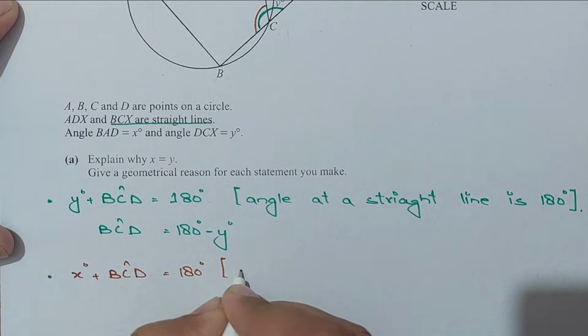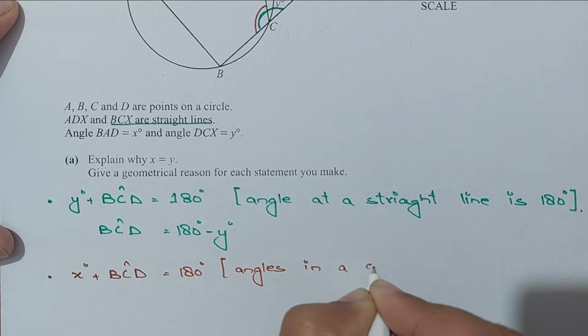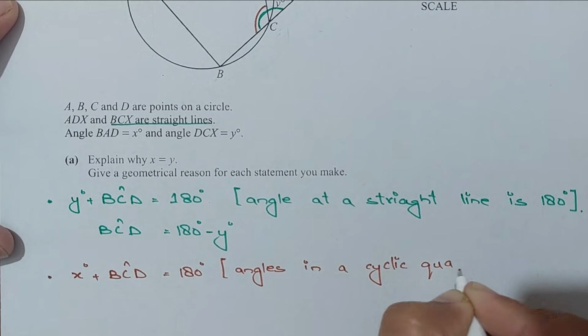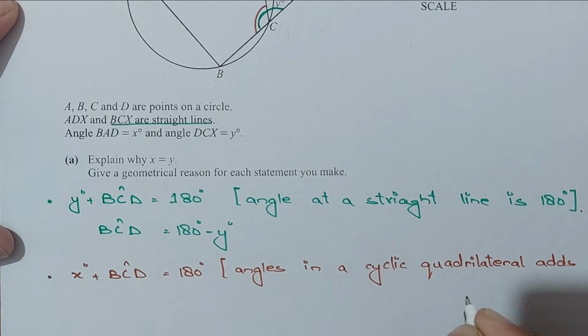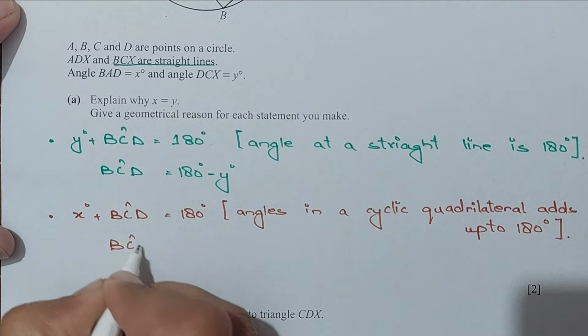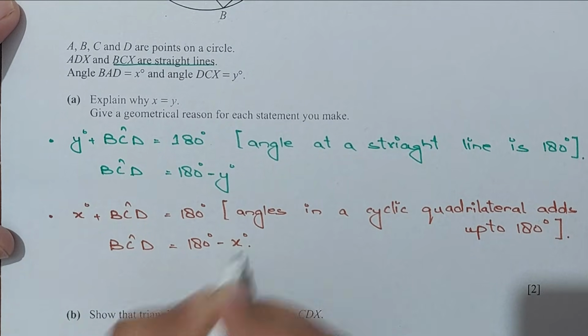And the reason is angles in a cyclic quadrilateral add up to 180 degrees. All right, now from here, what is BCD? Angle BCD is 180 degrees minus x degrees.